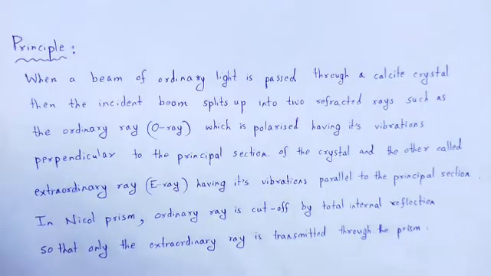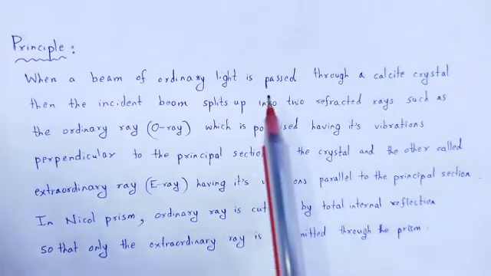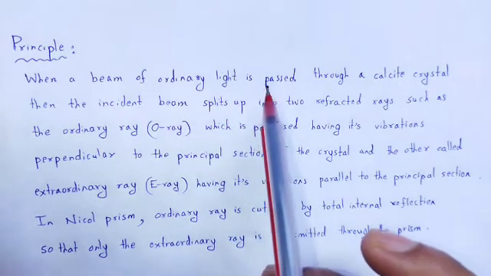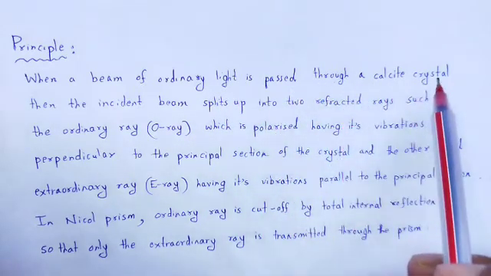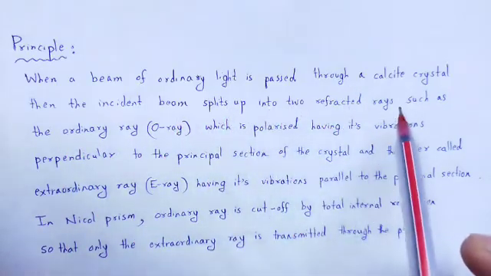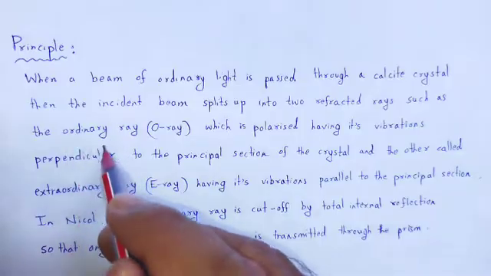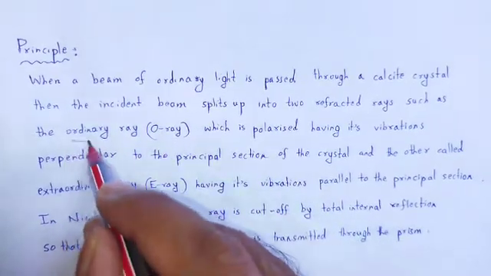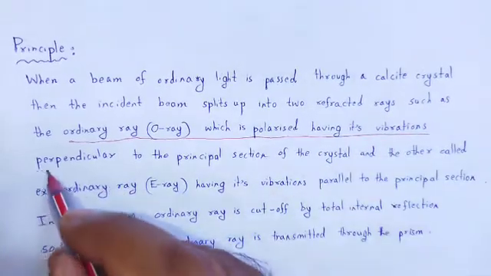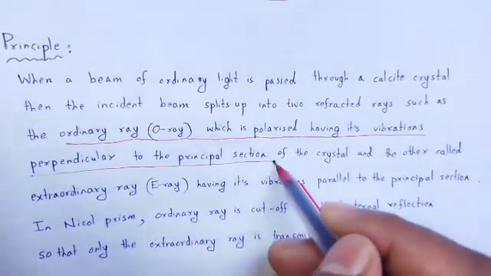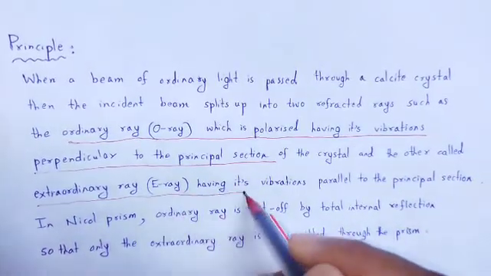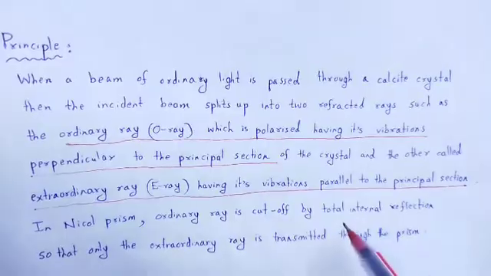Principle: when a beam of ordinary light, that means unpolarized light, is passed through a calcite crystal, then the incident beam splits up into two refracted rays, such as one is the ordinary ray, which is polarized, having its vibration perpendicular to the principal section, and another one is the extraordinary ray, having its vibration parallel to the principal section.